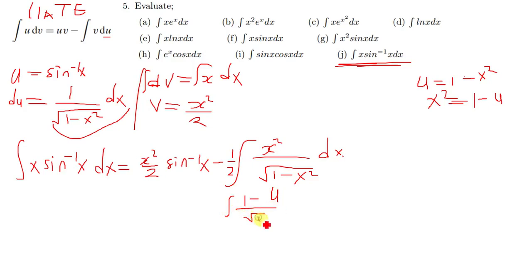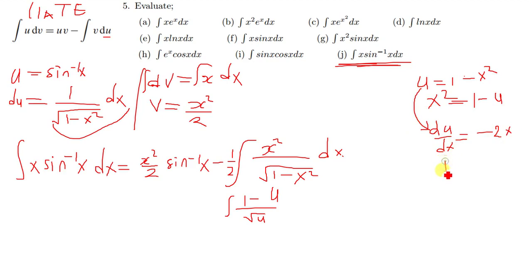The denominator here will just be the root of u, and then where there's the dx, you find du/dx from this expression here. We are going to have negative 2x.